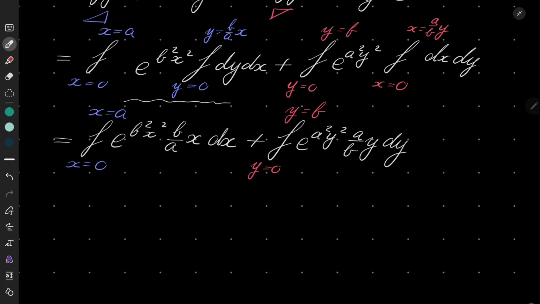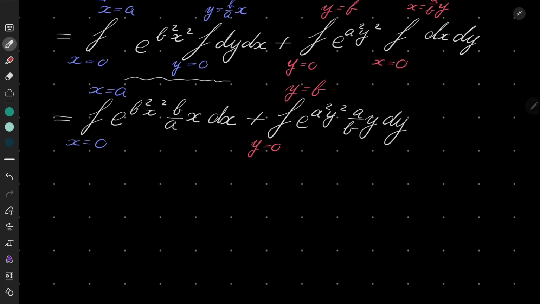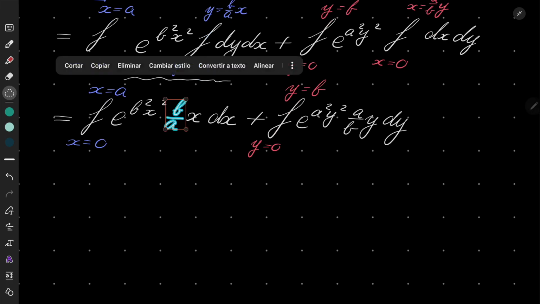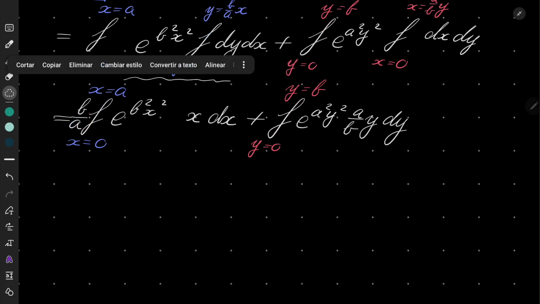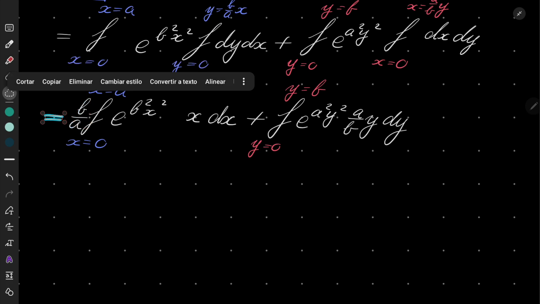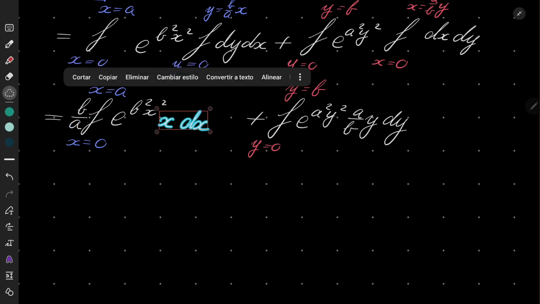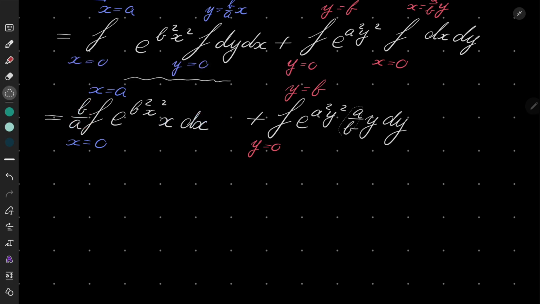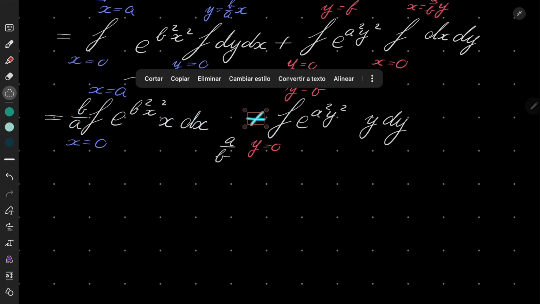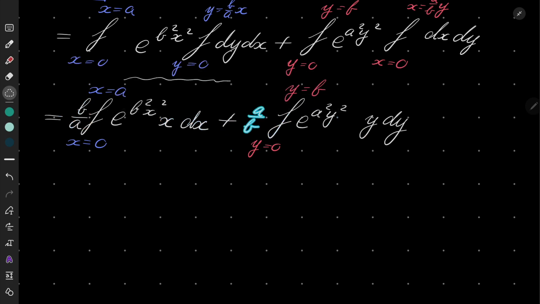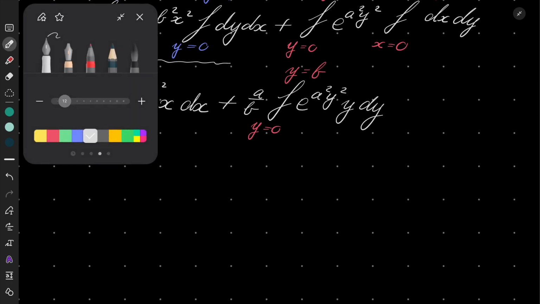Okay. And now let's do what exactly? Let's put our constants before the integral. And here, let's do the same. Okay. And now let's do some kind of substitution.